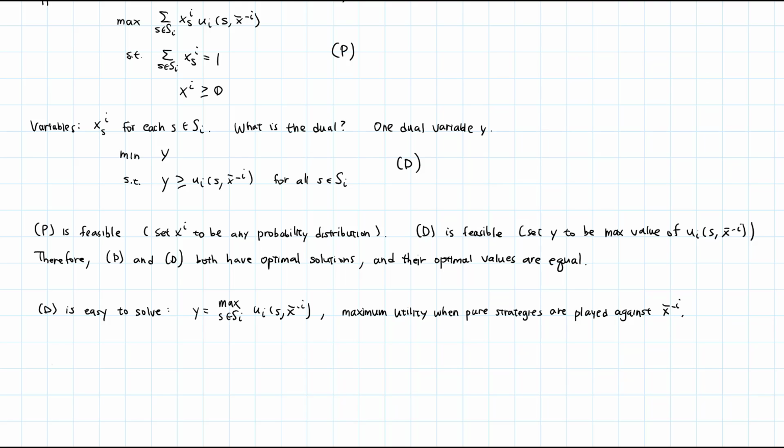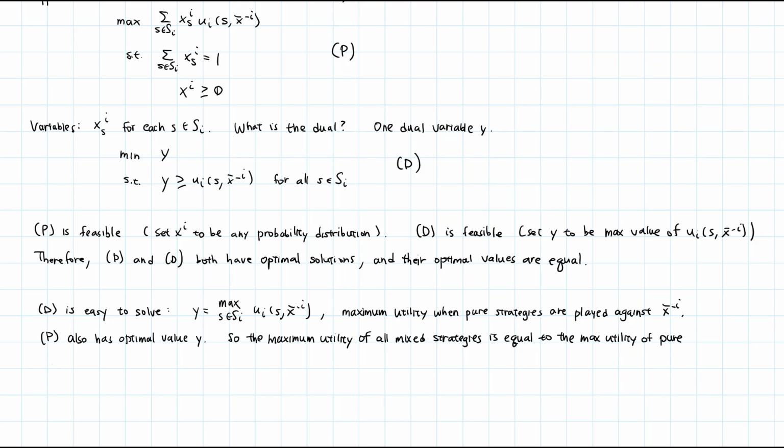So this means that P also has optimal value y. Recall that P is trying to maximize the utilities over all possible mixed strategies for player i. So the maximum utility of all the mixed strategies is equal to the maximum utility of all the pure strategies.